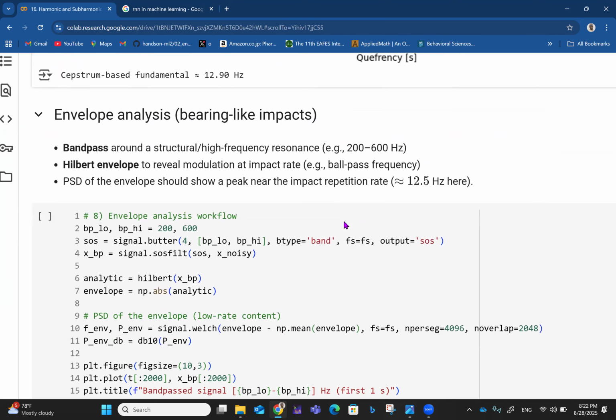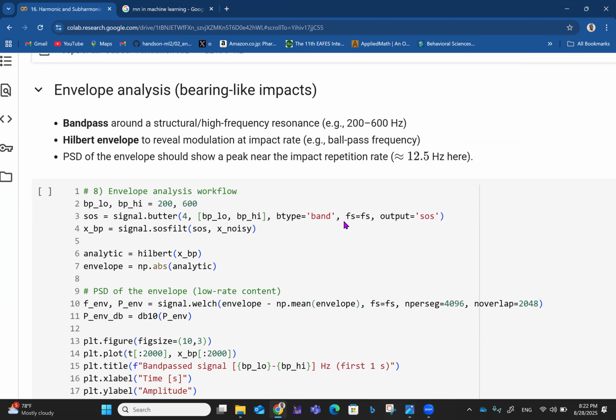So we can also talk about the envelope analysis, bearing-like impacts now. We can have a bandpass around the structural or high frequency resonance, e.g. 200 to 600 hertz. We can have the Hilbert envelope, all right, to reveal modulation at impact rate, e.g. ball pass frequency. And then we can have the power spectral density of the envelope.